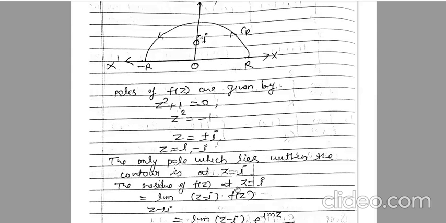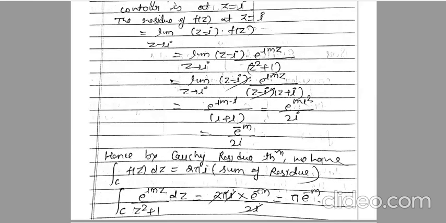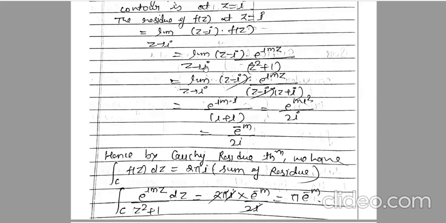So residue of f(z) at z is equal to i, that is a simple pole. So limit z tends to i of (z minus i) into f(z), and you will write the value of f(z) here, e to the power i mz upon z square plus 1. So you can write z square plus 1 as (z minus i) into (z plus i).